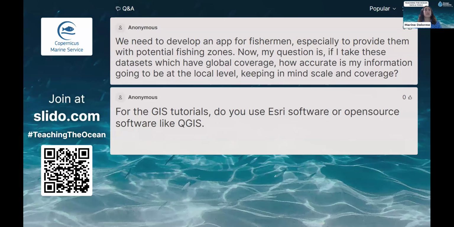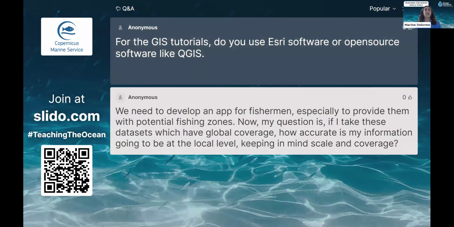The next question is, for the GIS tutorials, do you use ArcGIS software or open source software like QGIS? We use QGIS. We make sure to use open source software and materials as much as possible.